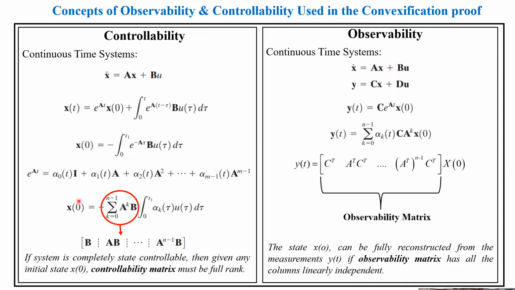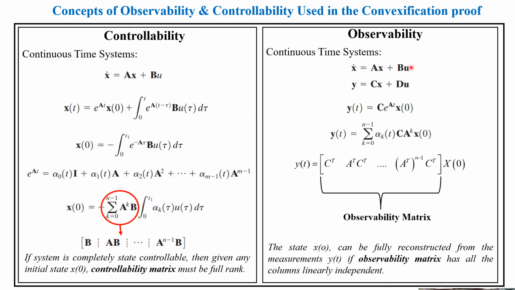So the state x naught is a function of a matrix formed by this, for a given control input u. So a system is said to be controllable if and only if this matrix has full rank. That means it has all the columns linearly independent. Then the system is said to be fully state controllable. This is the concept of controllability.